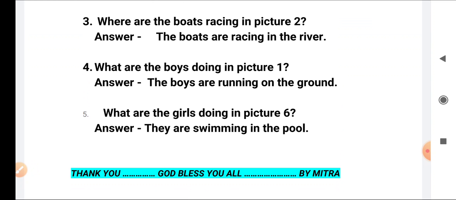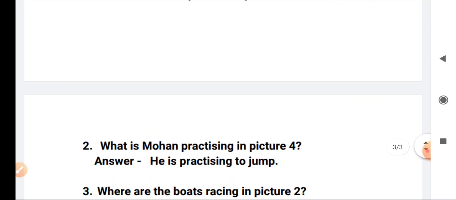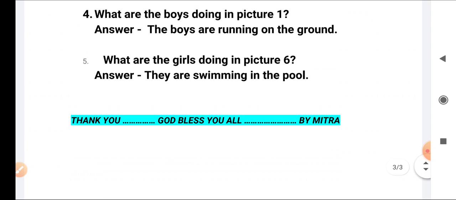What are the boys doing in picture 1? Where is picture 1? Yes, actually there are no boys in this picture, the boys are running, so you can answer it. The boys have become invisible from the picture. Okay, so what are the boys doing in picture 1? So we will answer like this: the boys are running on the ground.